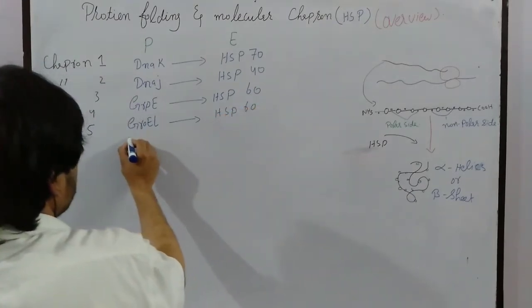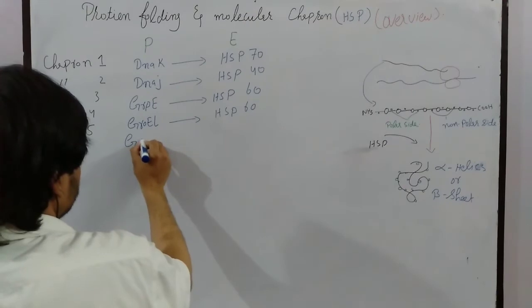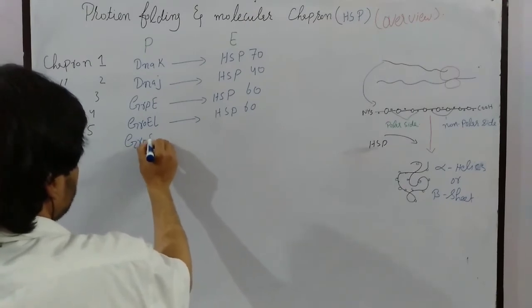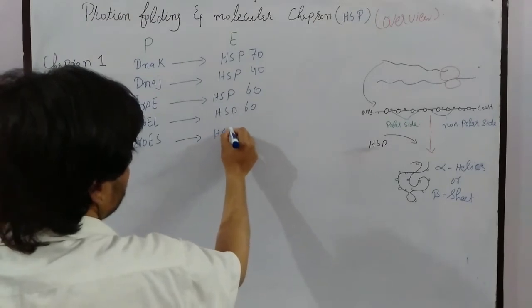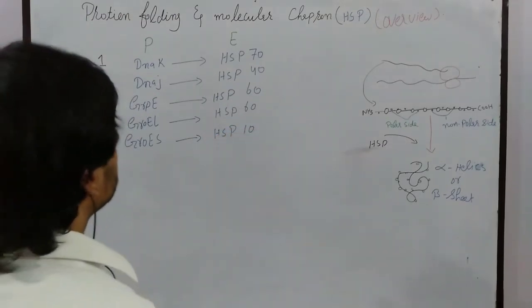And we have another class of the chaperone, the 5th class, which we call GroES, and we call it heat shock protein 10.